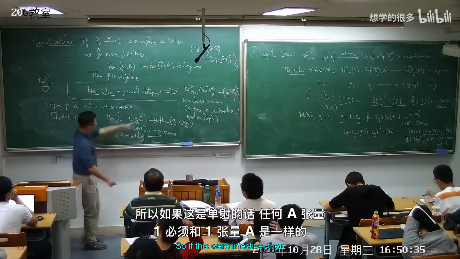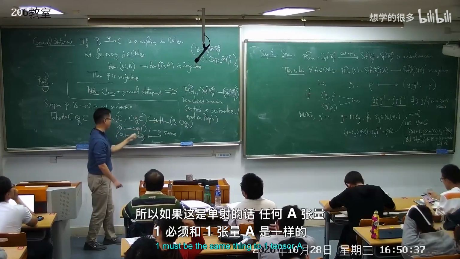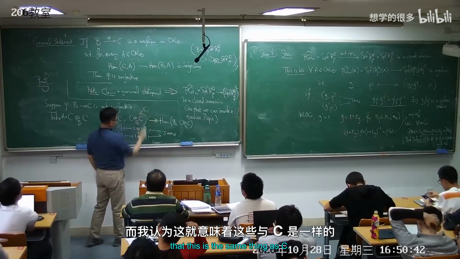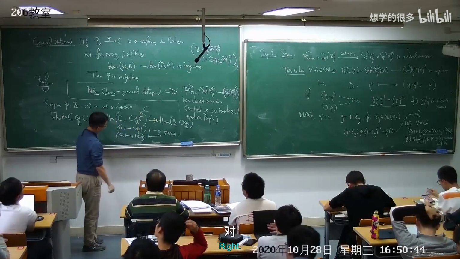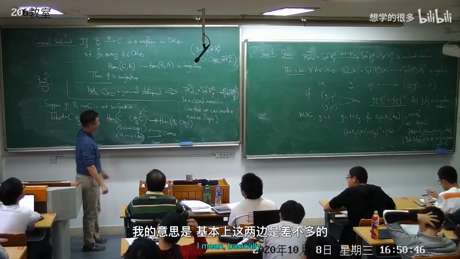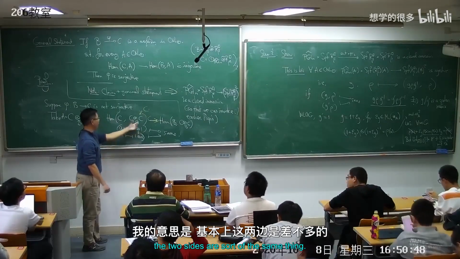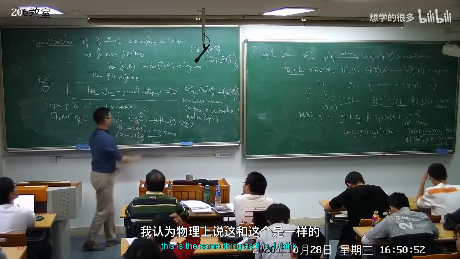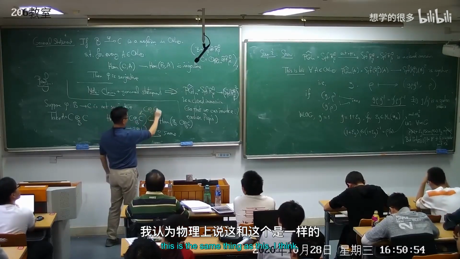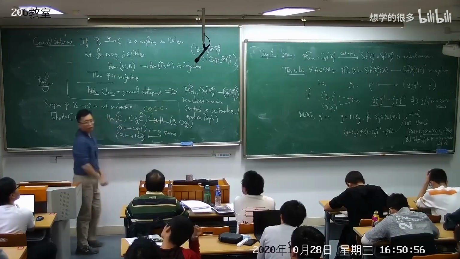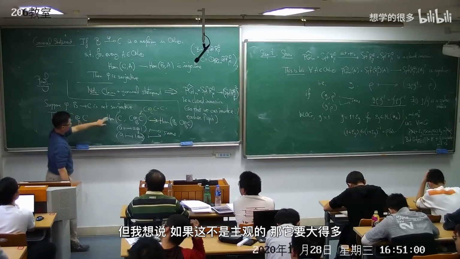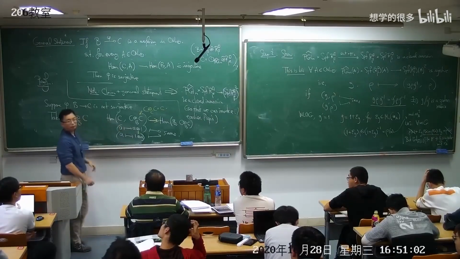If this were injective, then any A tensor 1 must be the same thing as 1 tensor A, and I think this would just imply that this is the same thing as C. Basically the two sides are the same thing. But then if this were not surjective, this is much bigger than this one.